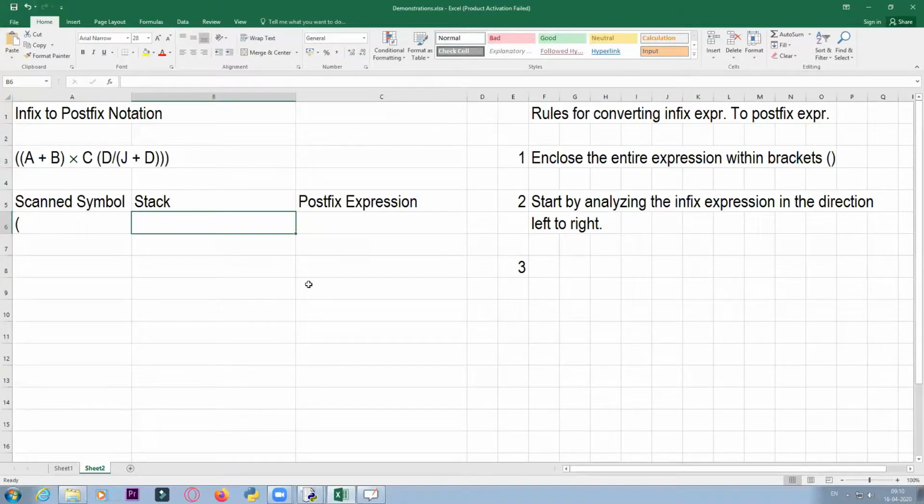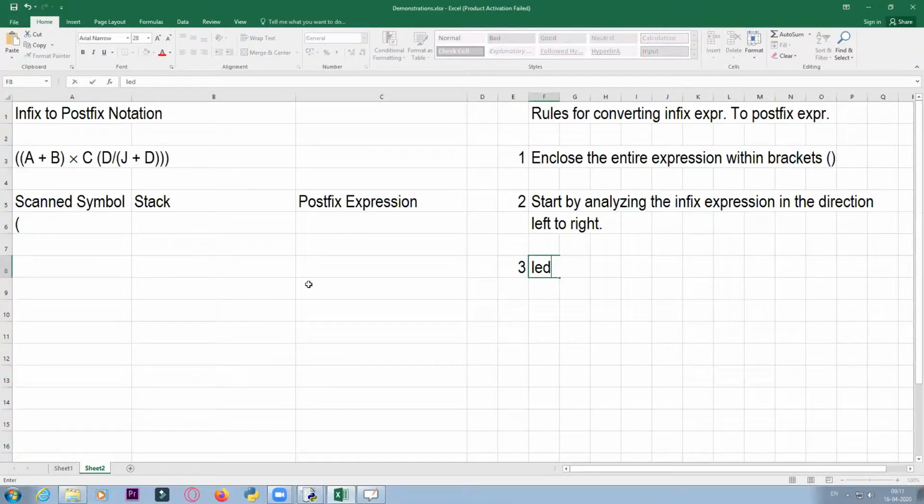Second column is stack, which will contain my stack. So here you'll be able to understand how stacks are being applied in analyzing the infix expression. And finally, you have postfix expression, which will be containing all the symbols as we convert the infix expression to postfix expression.